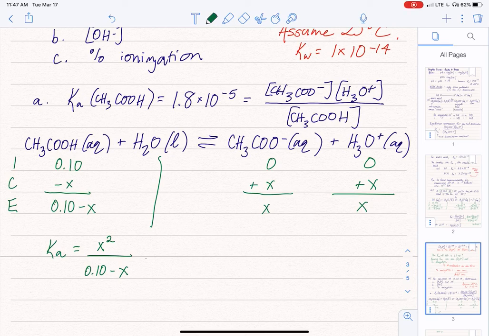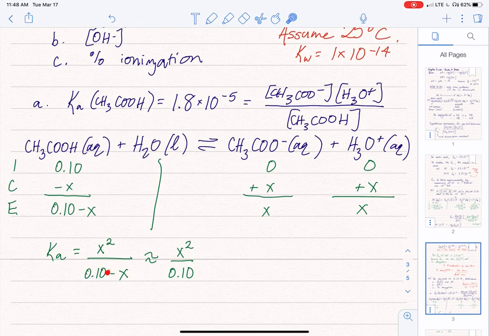Now, I'm going to do something shocking but awesome. I do not feel like busting out the quadratic equation for this one, and I don't have to. Look at this number, 1.8 times 10 to the minus 5. That's a small number, much, much less than 1. So you could make a strong argument that the dissociation is going to be negligible, so you could take this minus x part of the denominator and just leave it out.